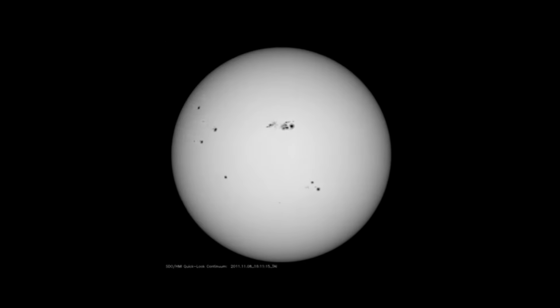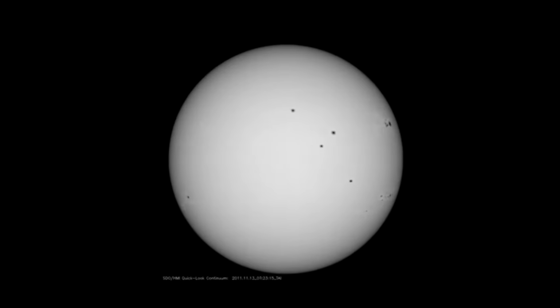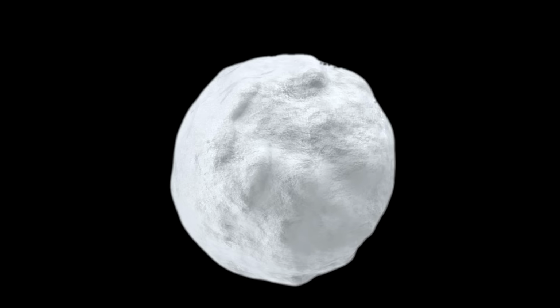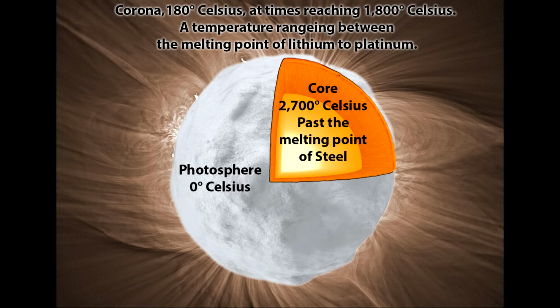Let us pretend we can drop the temperature of the photosphere to 0 degrees Celsius, so this shell is the temperature of a snowball. Then let us drop the temperatures of the inner core and outer atmospheric corona in proportion.